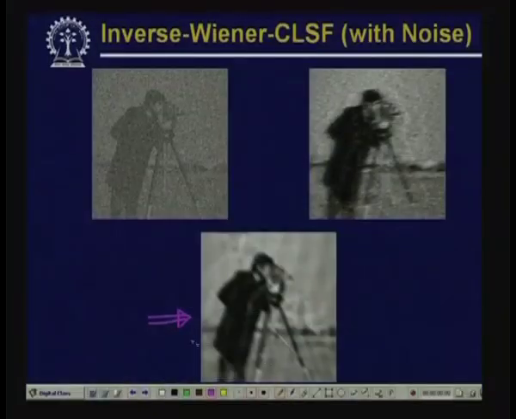So, it is quite expected that the noise performance of the constant least square error filter will be quite satisfactory, and that is what is observed here: in the image obtained using this constant least square filter, the noise has been removed to a great extent, whereas the other reconstructed image cannot remove the noise component to that extent.